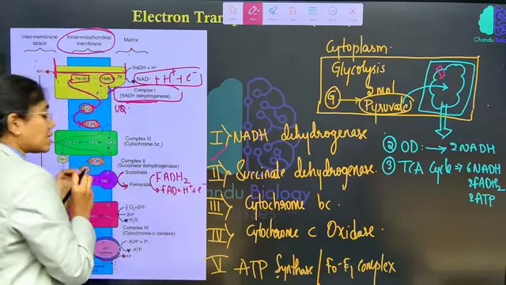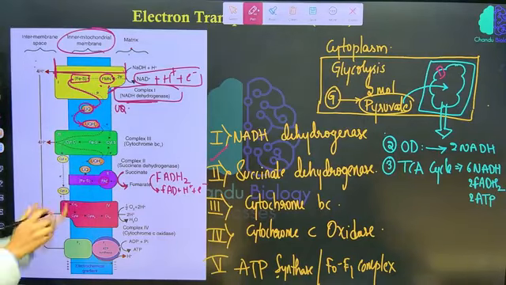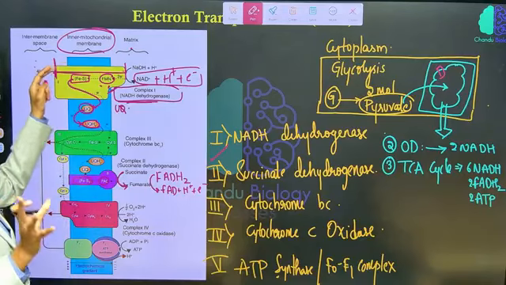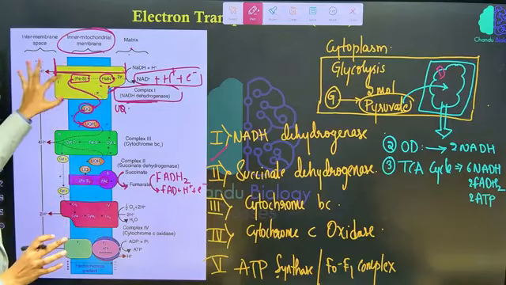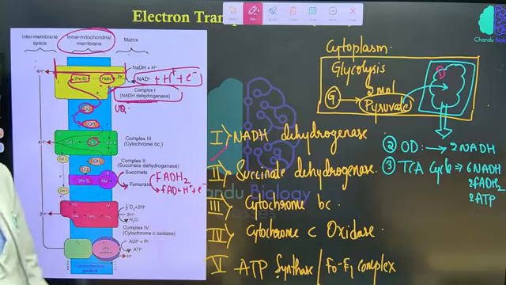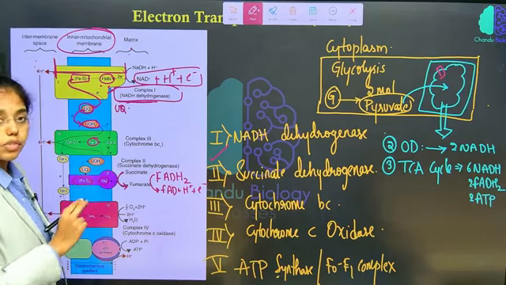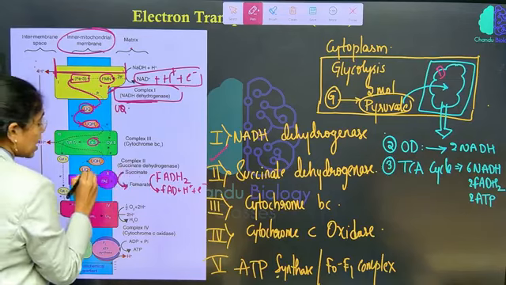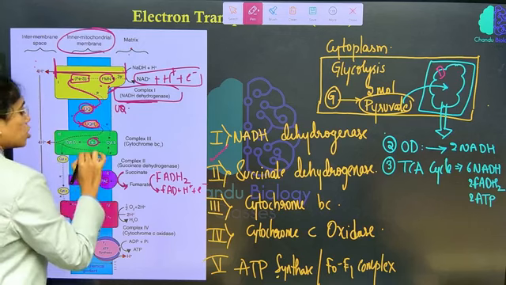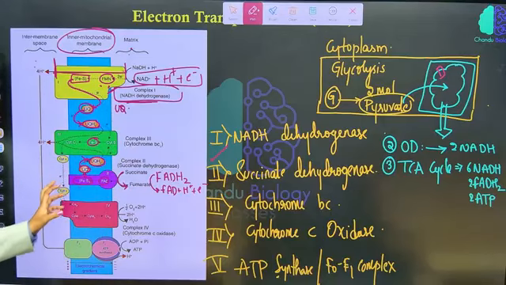Both are delivered to FAD and to the iron sulfur complex. One strong remark to remember is that complex 1, complex 2 and complex 3 all have an iron sulfur complex. Here the iron sulfur complex from complex 2 gives both electrons and protons to ubiquinone itself, and it turns to hydroubiquinol.